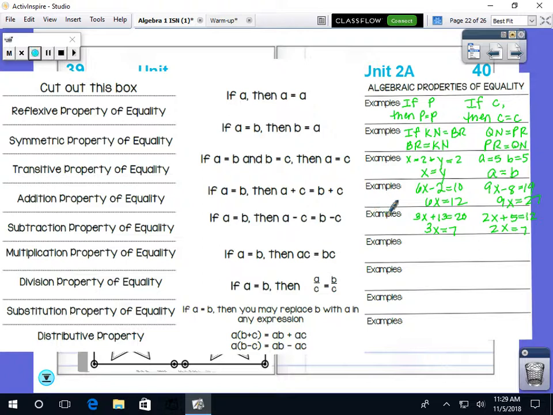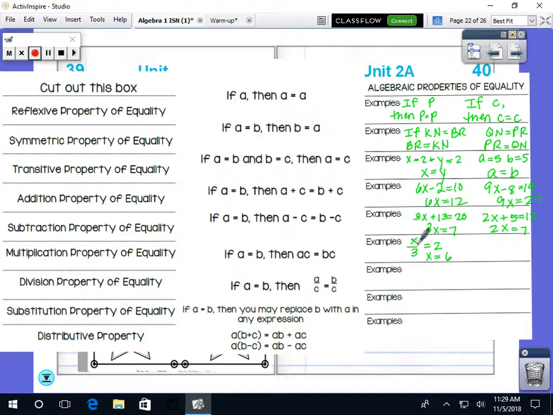No. Okay, let me show y'all what I'm talking about. No, one of them looks like this. If x divided by 3 equals 2, then x equals 6. Because think about it, guys.